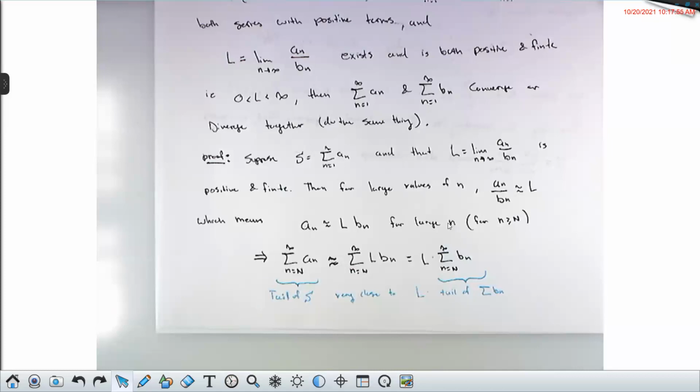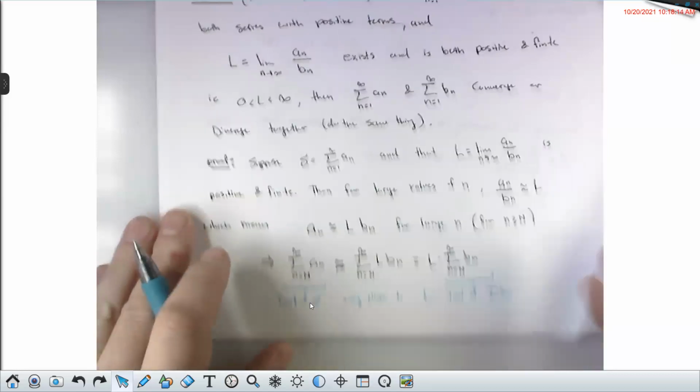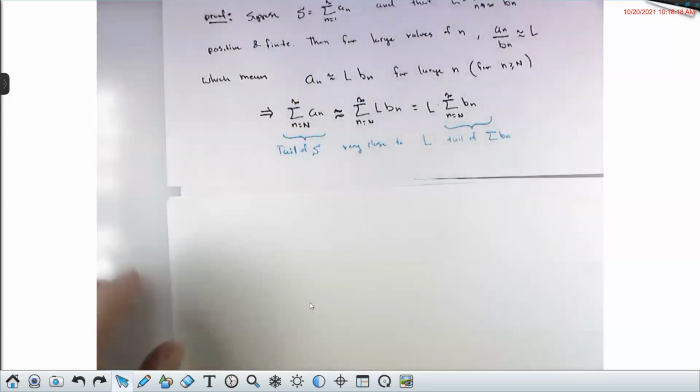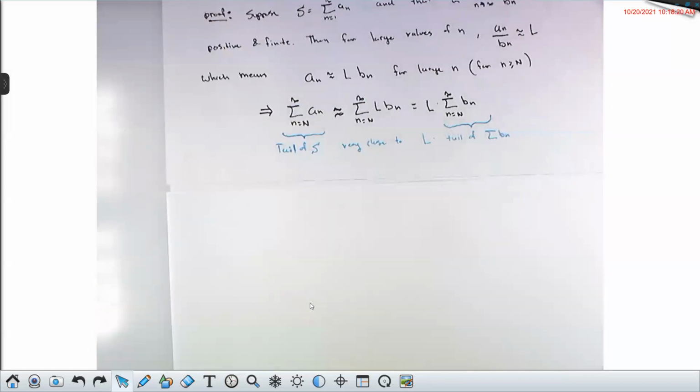And if the series sigma bn diverges, that means its tail is infinite, which means L, some finite number, times its tail would be infinite, which means the tail of S would be infinite. And therefore, if sigma bn diverges, sigma an diverges as well. All right, that's really it.